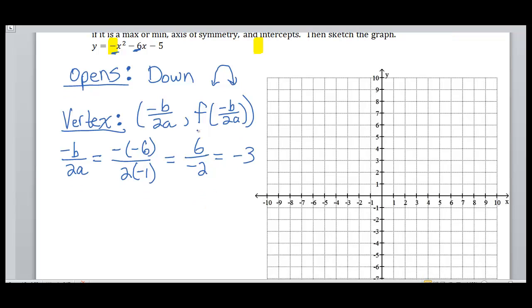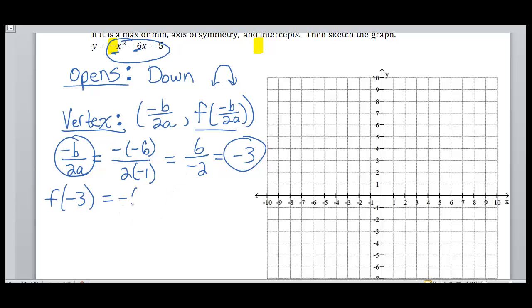And so I need to find my y-coordinate, which I get by plugging that into my function or into my equation. So f of negative b over 2a, well, we just found that negative b over 2a is negative 3. So all I have to do is plug in negative 3 into my equation here, and I'll get my vertex.